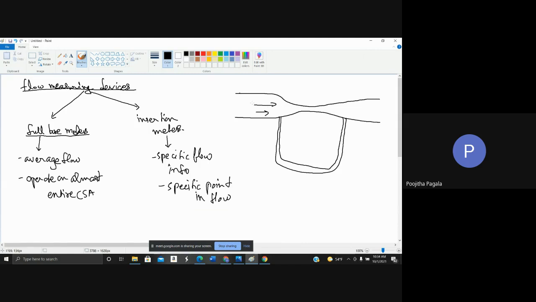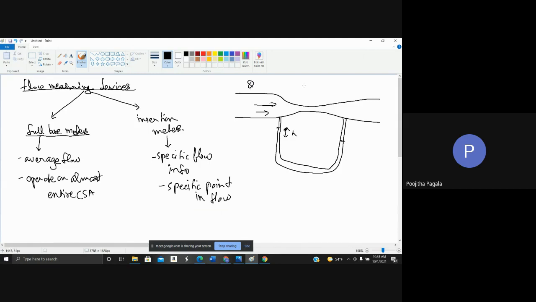Now you can calculate the flow velocity based on the pressure drop, the difference in the height of the mercury column, which will enable you to calculate the flow rate.